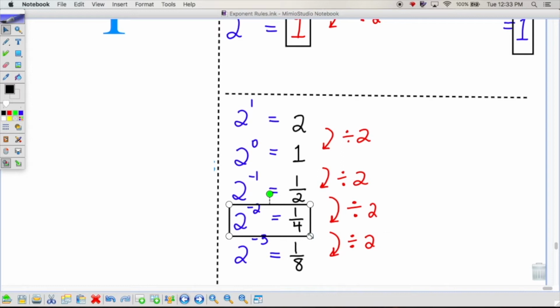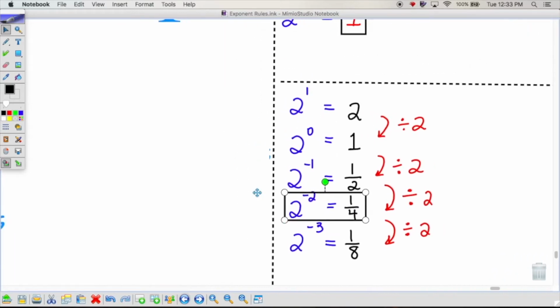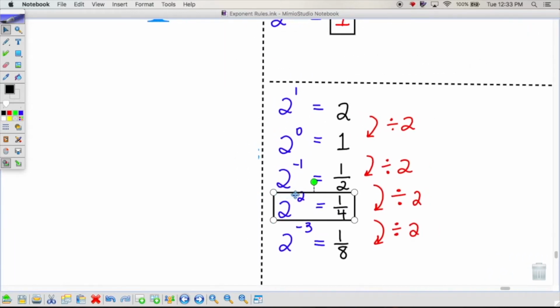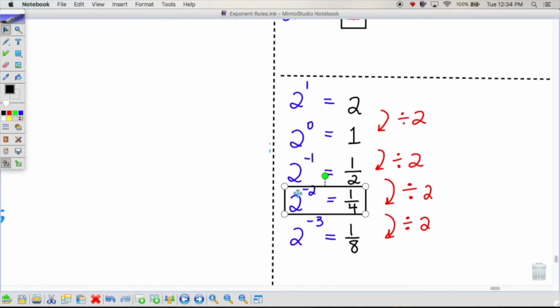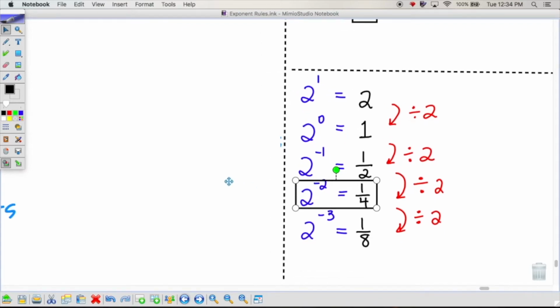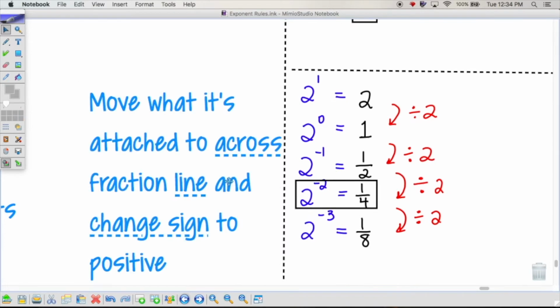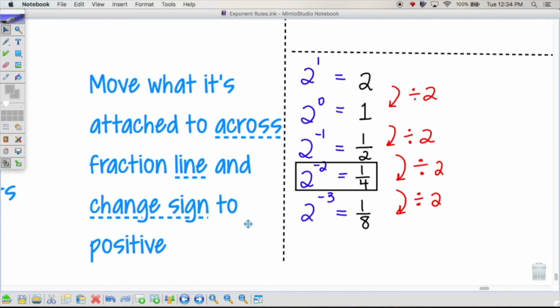So let's see how I can figure out what I need to do with a negative exponent. By the way, there can never be a negative exponent in your final answer. Nothing is considered simplified if there is still a negative exponent. So here's what you have to do anytime there is a negative exponent, not just a negative number, but a negative exponent. Copy this down.